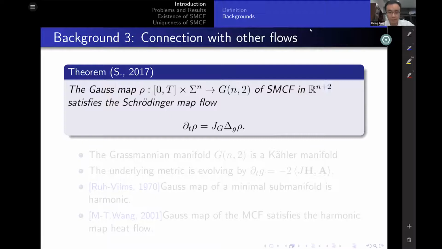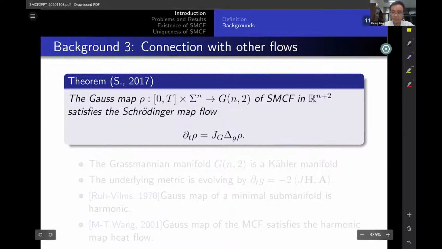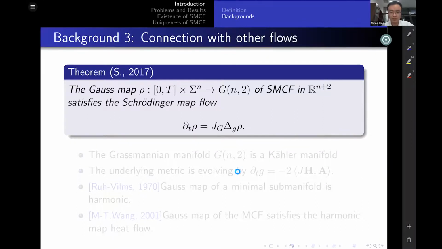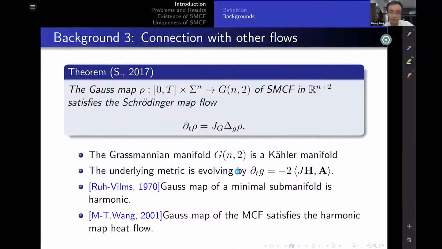And if you choose the ambient manifold to be Euclidean, then the Grassmannian manifold is very simple. And interestingly, this Grassmannian manifold has a natural, canonical Kähler structure.